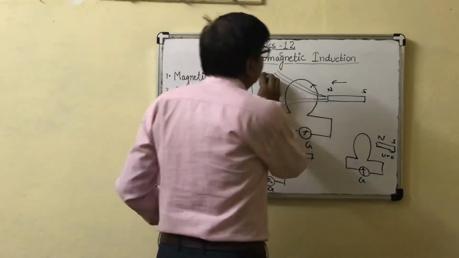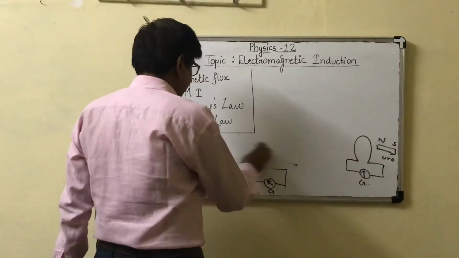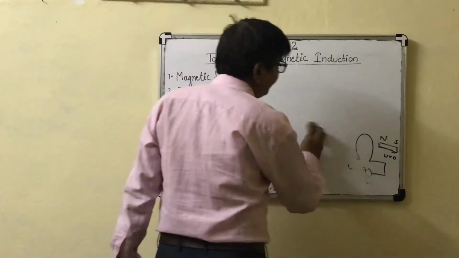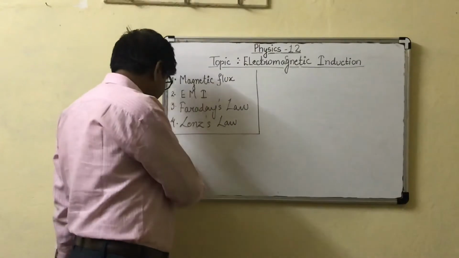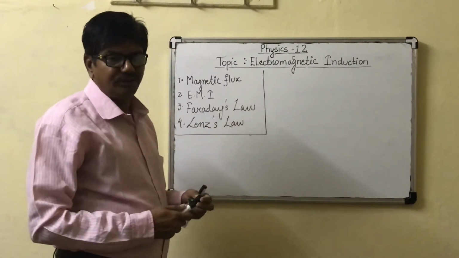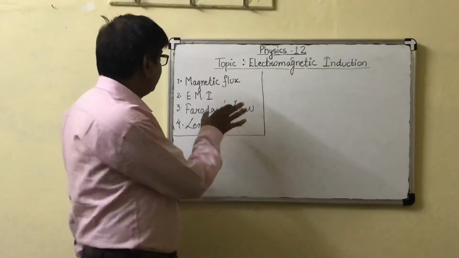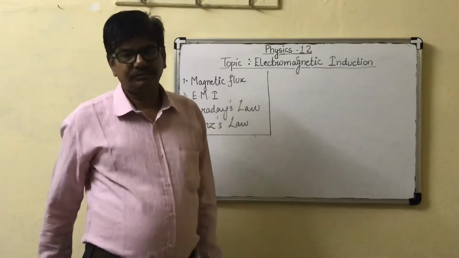Now, Faraday gives us the magnitude of induced EMF, but Lenz's law gives us the direction of induced EMF or induced current. Now we will discuss Faraday's law. Faraday gives two laws.